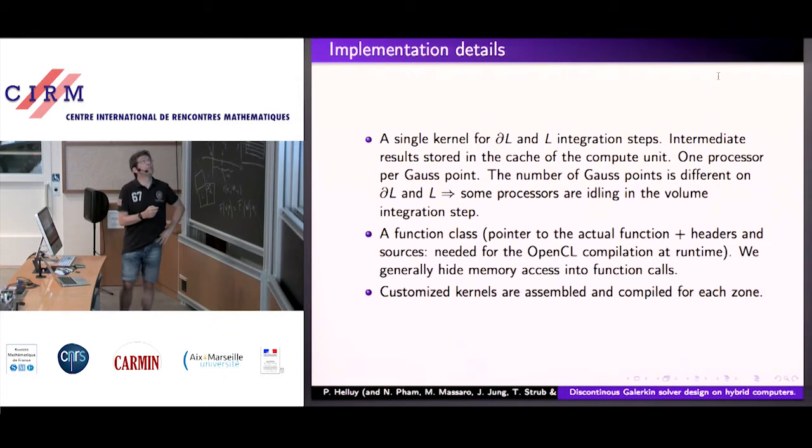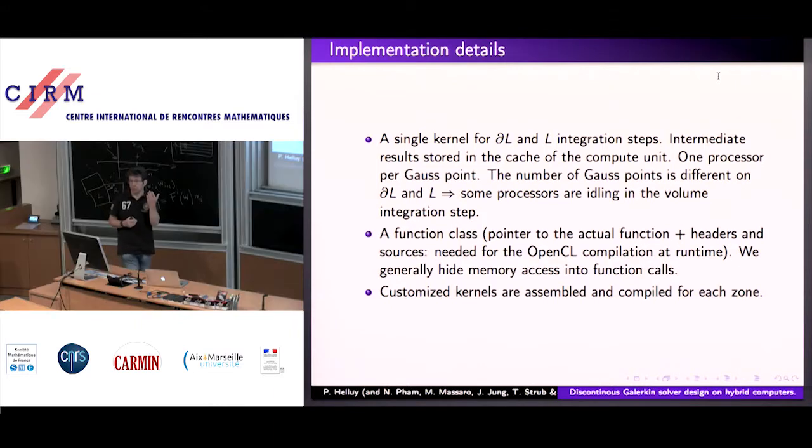Remember, I recall here that for a single kernel, you have several tricks that I don't want to discuss too much, but every time we try to avoid memory access to the global memory.